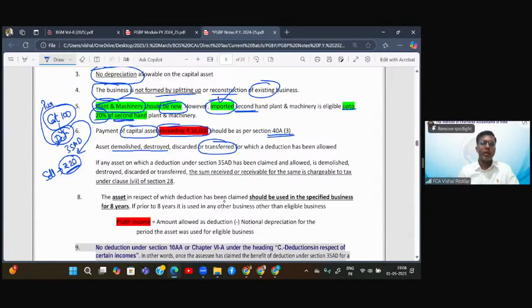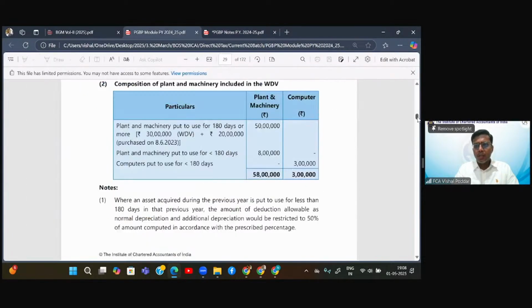So they are saying, whenever you are selling the asset, and for this asset you have claimed the deduction under 35AD, that is, you have taken the cost as deduction, then whatever amount you are receiving on sale will be taxed under the head PGBP only, and that is why they have given reference of section 28. So it is your income under section 28.